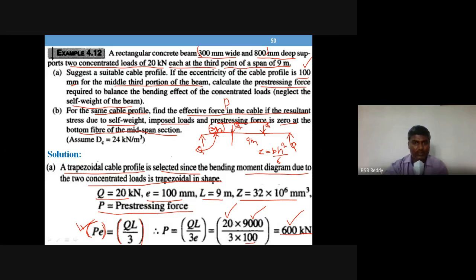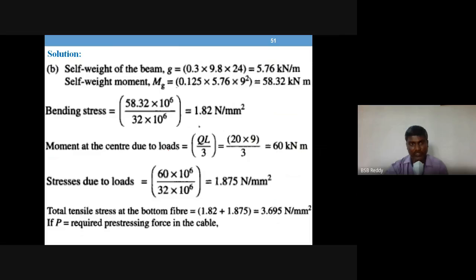So you are being asked to calculate the pre-stressing force which can create a resultant stress of zero at the bottom. First find the stresses from the different sources, like the self weight of the beam, which is cross section into gamma.